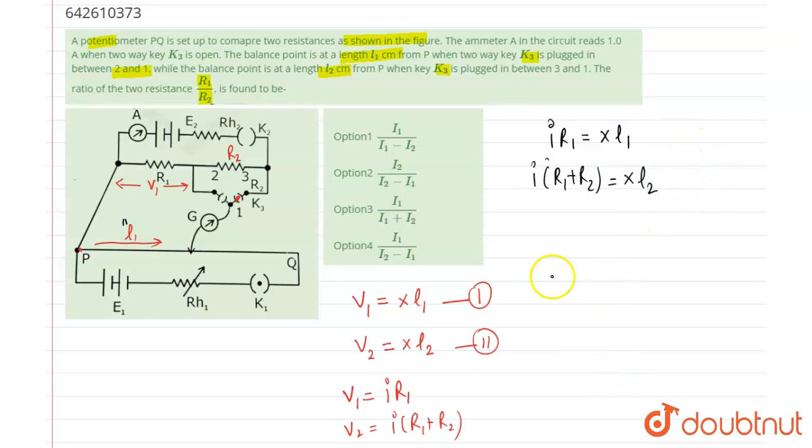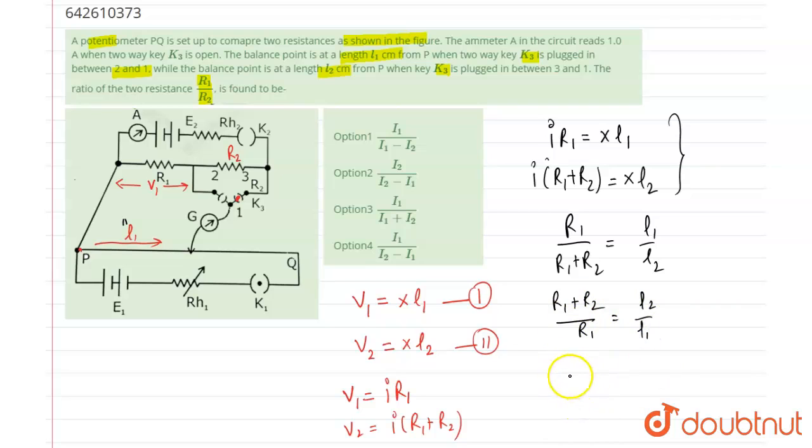Okay, so ratio of this equation we will find R1 upon (R1 plus R2) is equal to L1 upon L2, or we can say (R1 plus R2) upon R1 is equal to L2 upon L1, and we can find the value of R1 upon R2 from that relation.